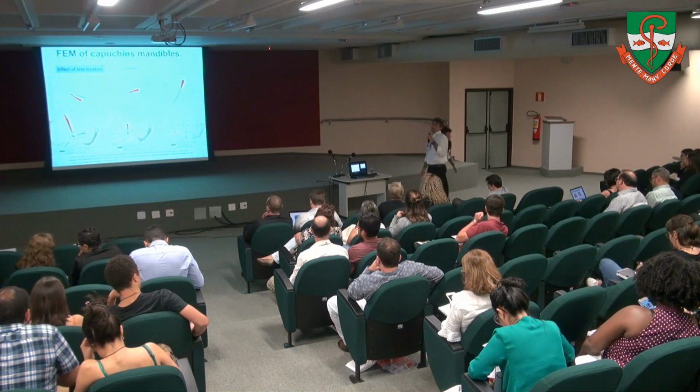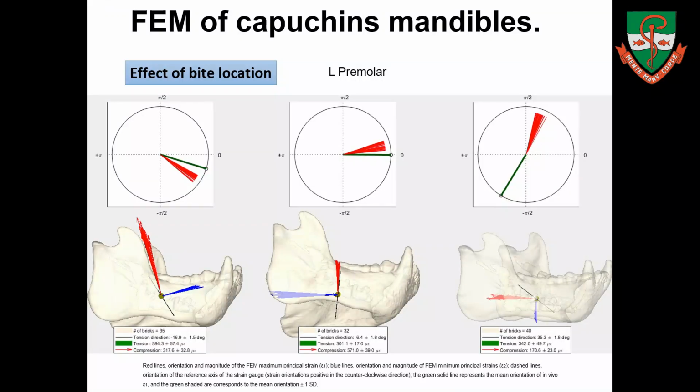Okay, sorry about that. That's what I was talking about when we change the effect of the bite point in the mandible. It looks like we have different situations between the different bite points.